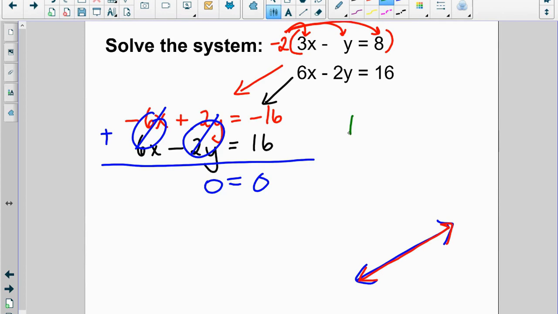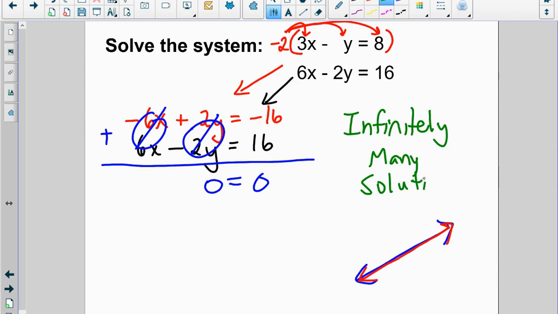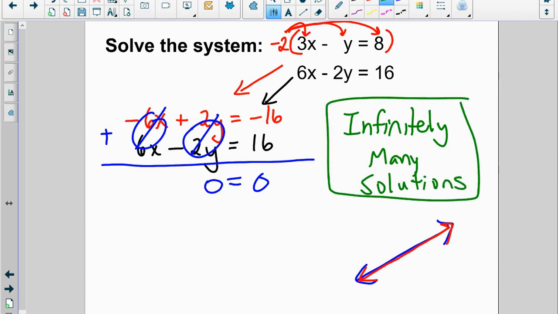So what we say for this is infinitely many solutions. We're not quite saying that everything's a solution, but there's an infinite number of solutions because every ordered pair on these lines that overlap is a solution. There are still a lot of other ordered pairs that aren't solutions because they're not on the line.